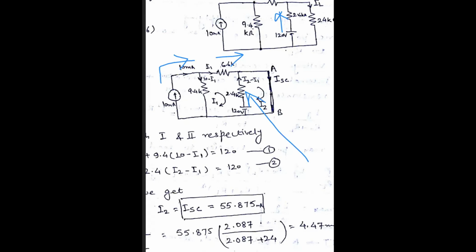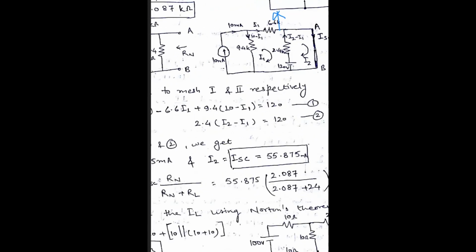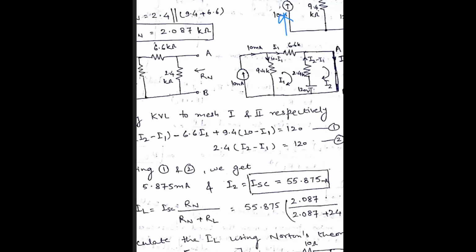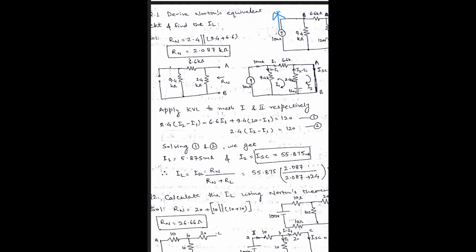And now since the currents and their directions and magnitudes are known to us, we can apply KVL in these two loops. In the first loop, 2.4 times I2 minus I1.